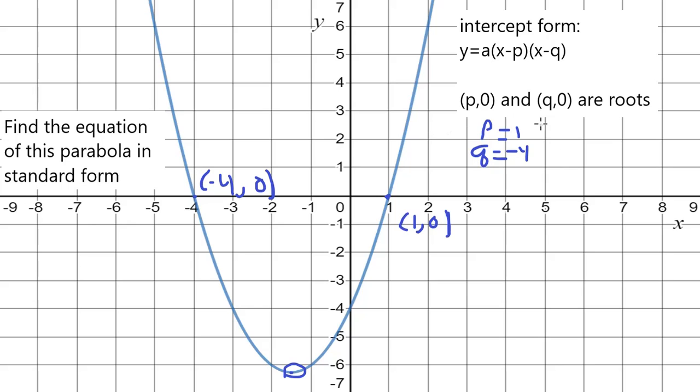Plug these into the equation, we'll get y is equal to a times (x minus 1) times (x minus -4), which will simplify to y equals a times (x minus 1) times (x plus 4), because subtracting a negative is adding a positive. Now all that's left is to find a.